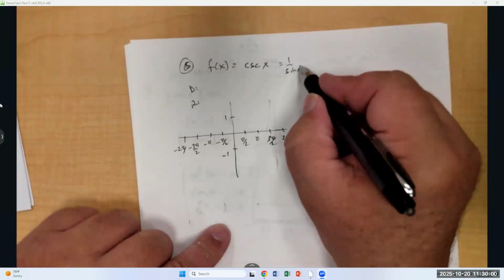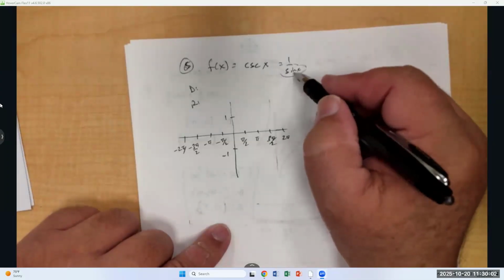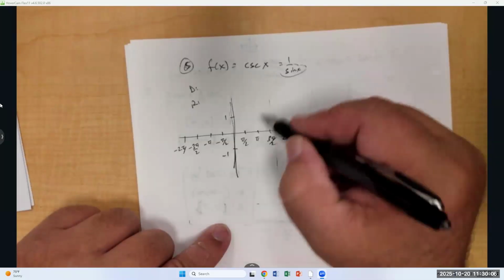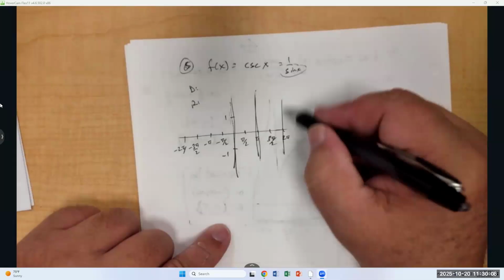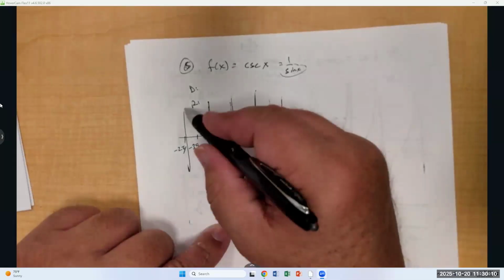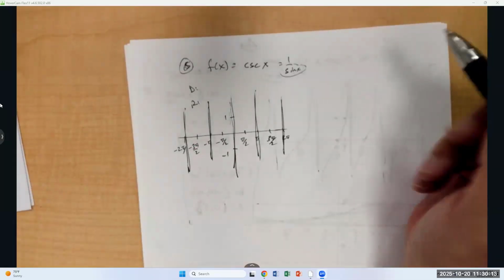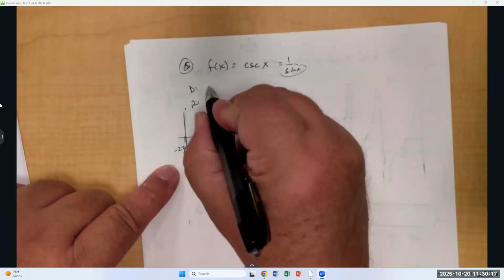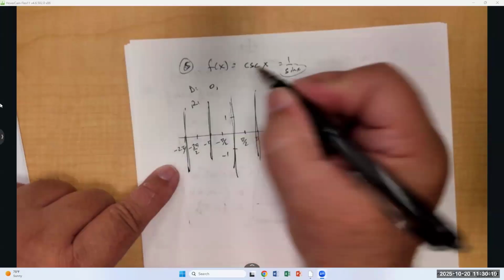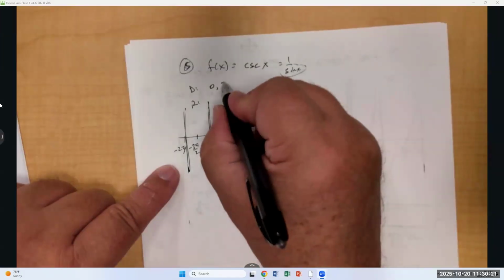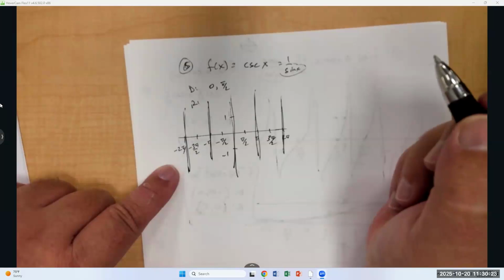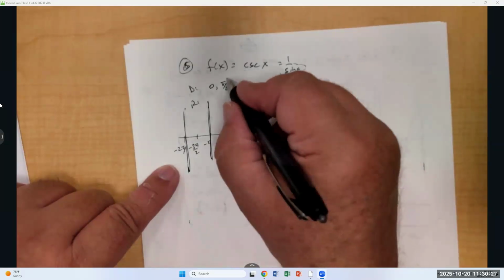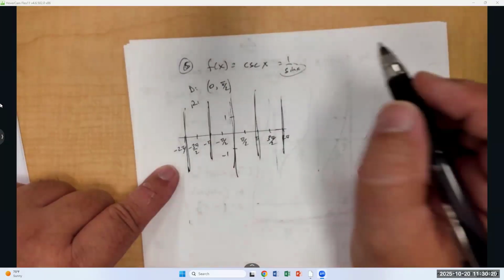So since we have a rational expression, where is sine equal to 0? At 0, at pi, at 2 pi, negative pi. So our domain is between 0 and pi over 2, or asymptotes.